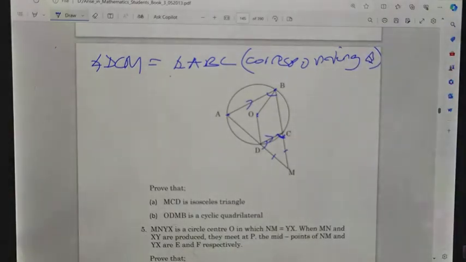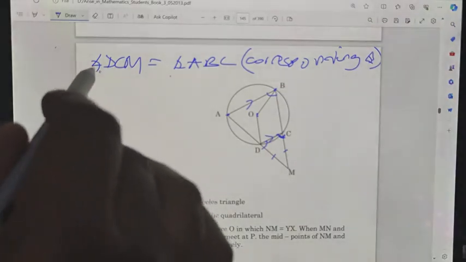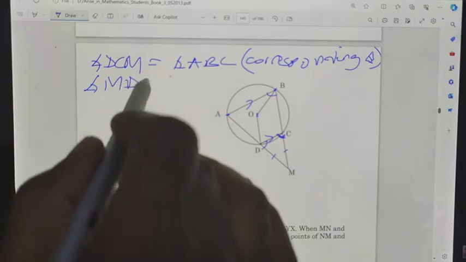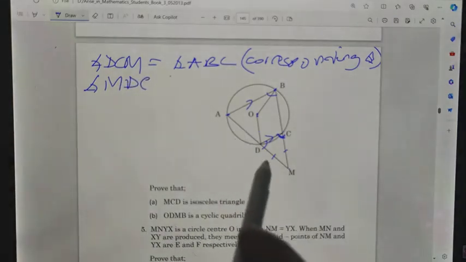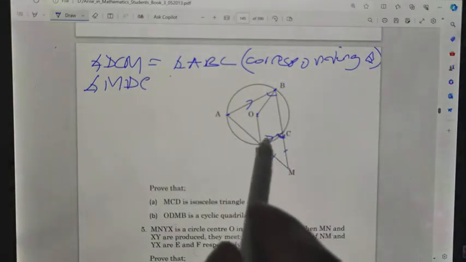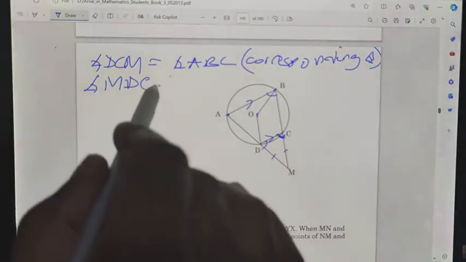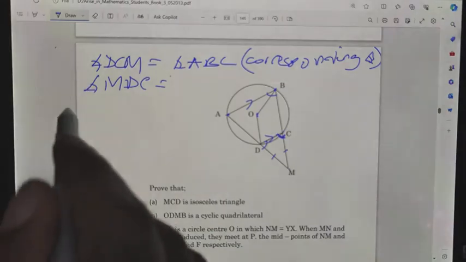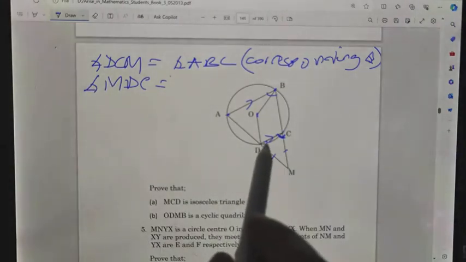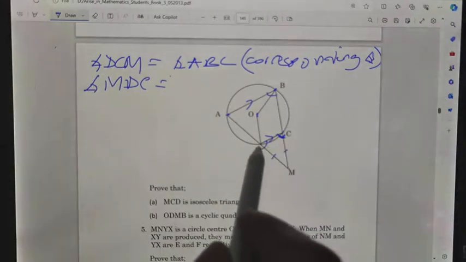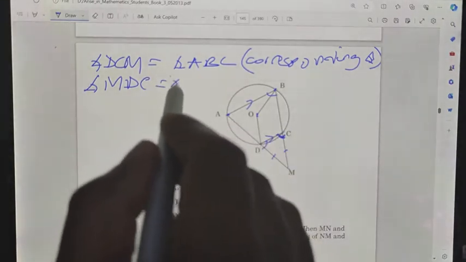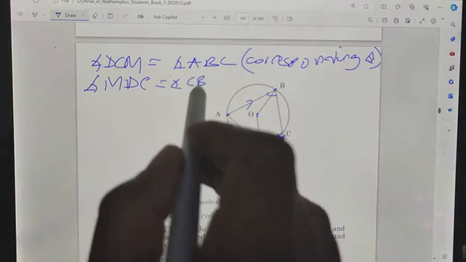You also have to know that angle MDC, this one, is equal to angle CBA.